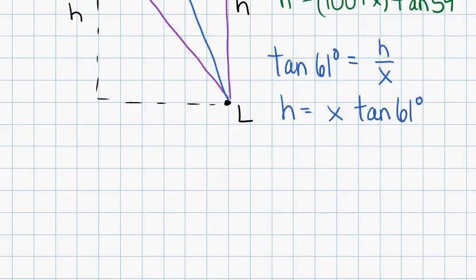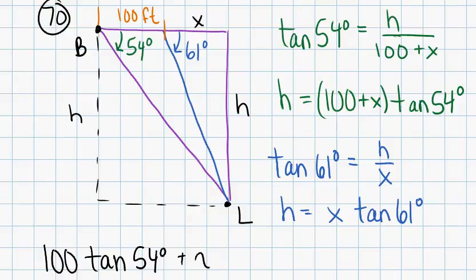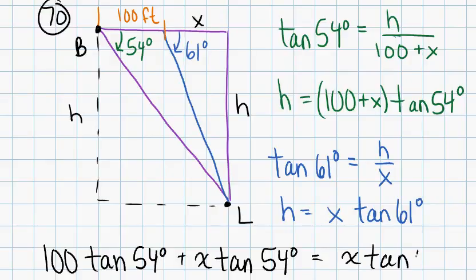We want to find the height, but these equations are conveniently set up to find x instead, so we can do that. 100 tangent 54 plus x tangent 54 equals x tangent 61, because I set the two heights that were equivalent equal to each other and distributed along the way.